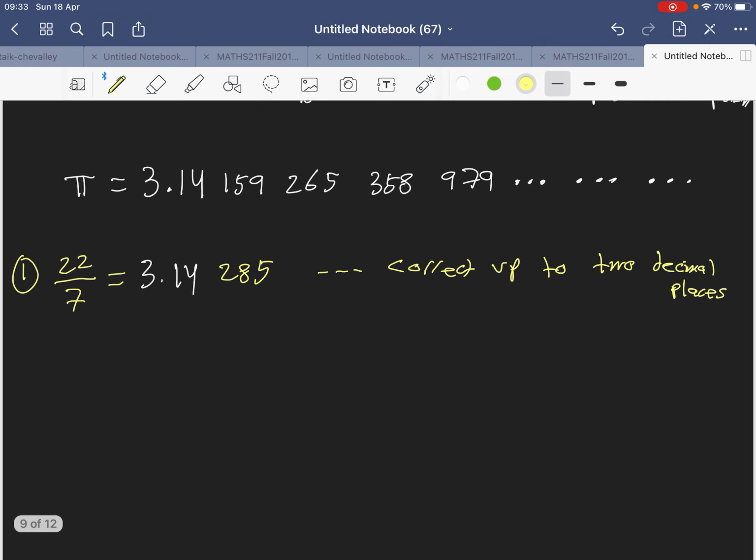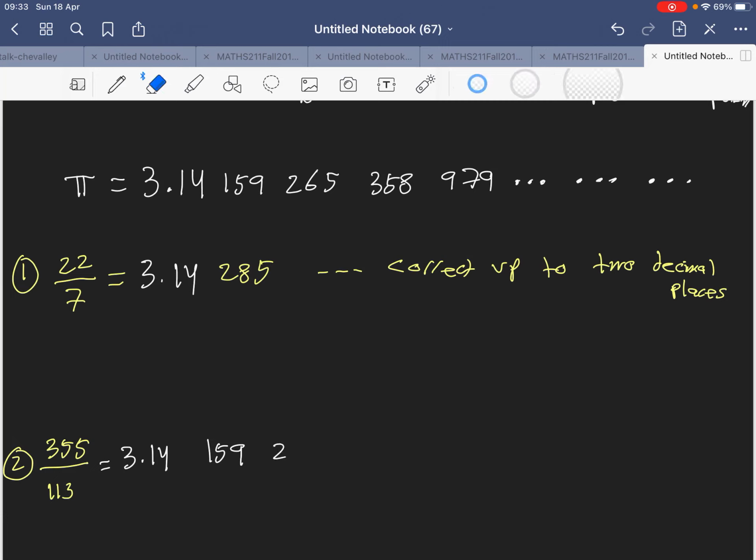Now let me go back. After the Egyptians, one of the Chinese people came and he said, okay, let me do pi using this number, 355 over 113. Now if you write this number in your calculator, this will be 3.14159292035, doesn't matter, and this is the number.